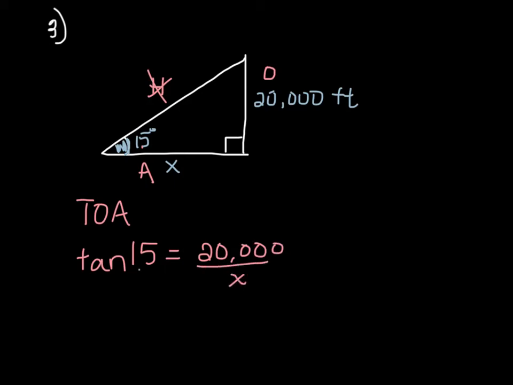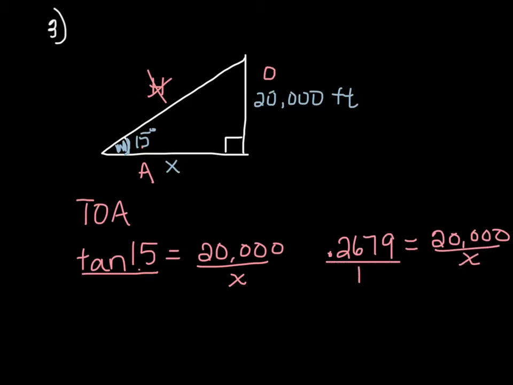Now there's nothing special about tan 15, so you're going to have to plug it into your calculator, and I think you get 0.2679 when you type tan 15. So we'll say 0.2679 equals 20,000 over x. We will turn this side into a fraction and cross multiply.